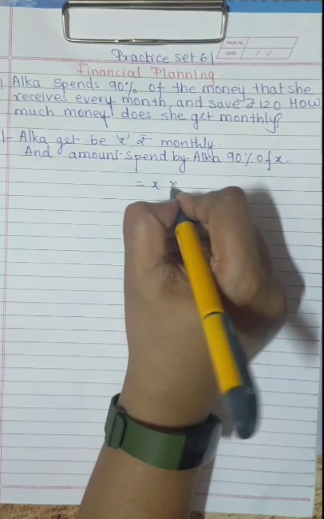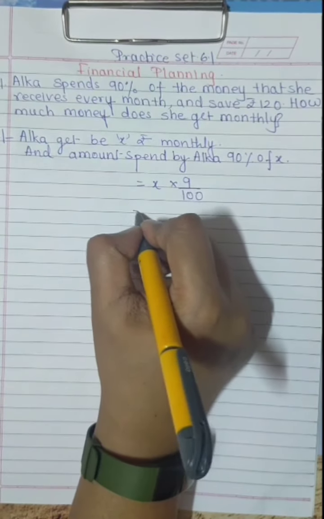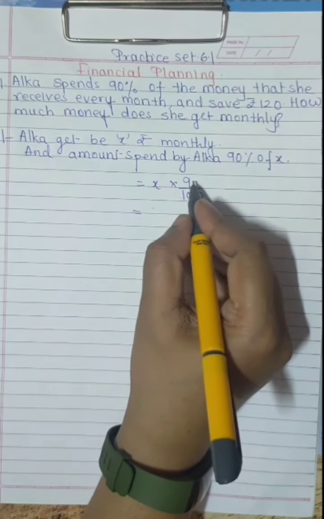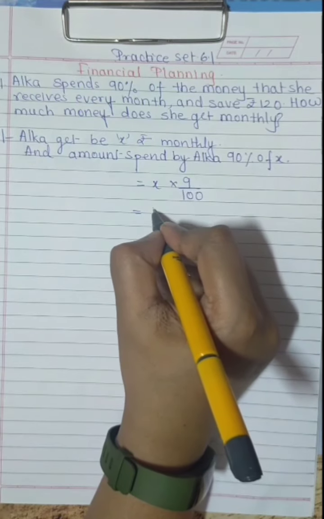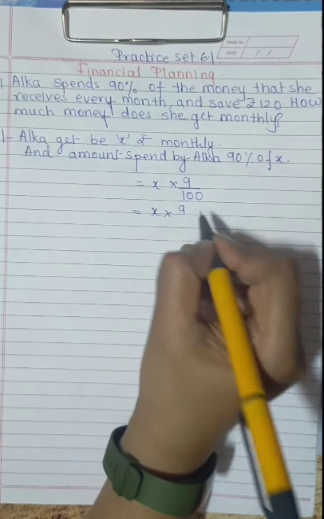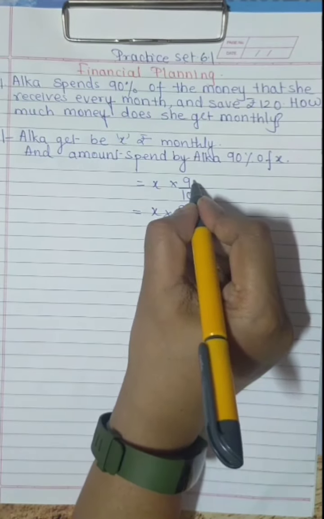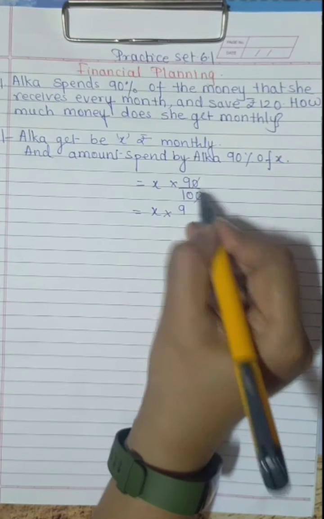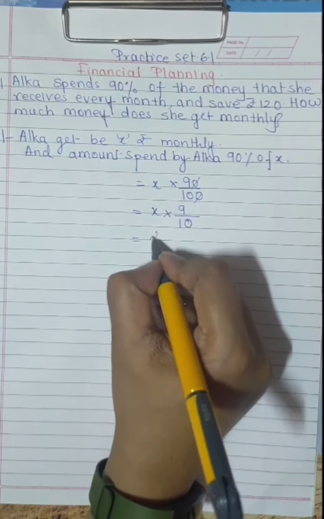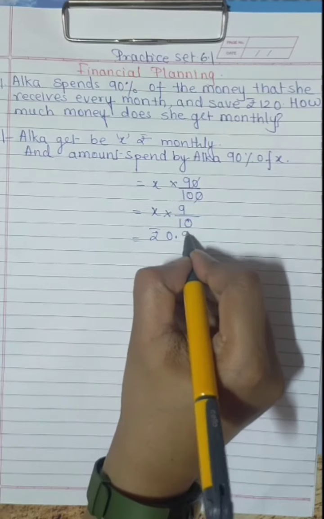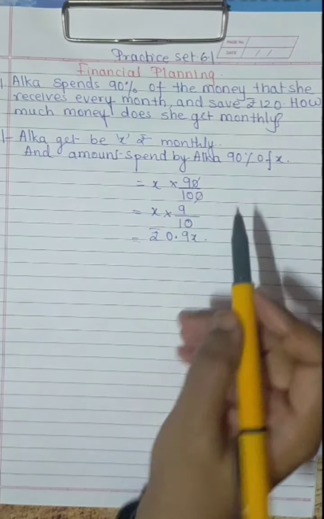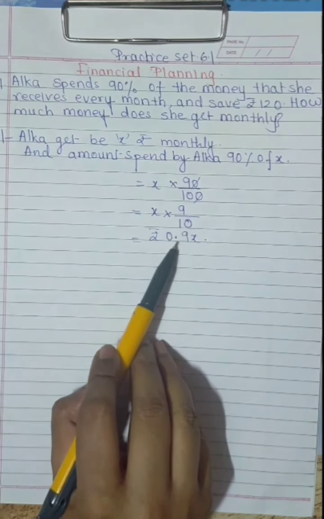So X multiplied by 90 upon 100. We cancel both the 0s, so 9 upon 10 remains, and after dividing we get rupees 0.9x. I hope you understood.